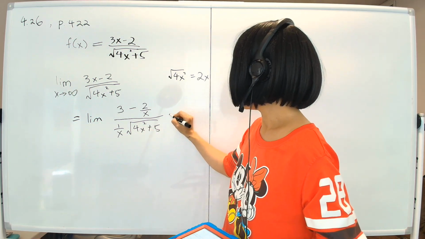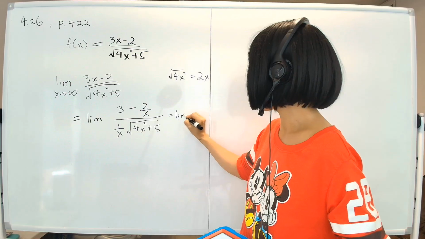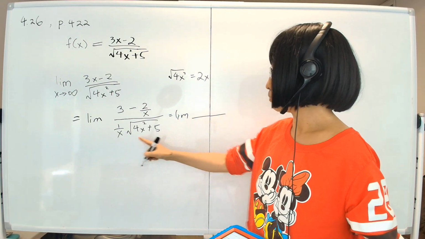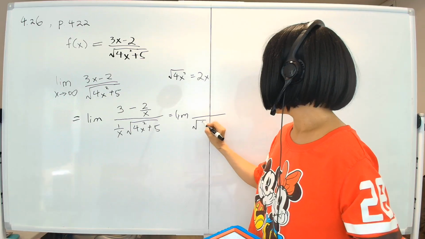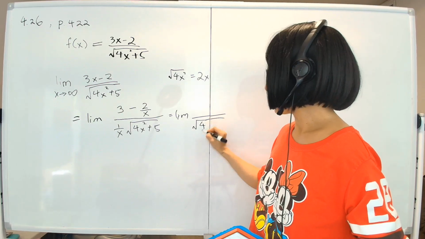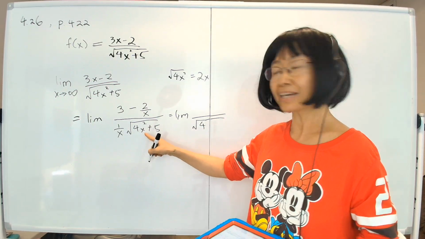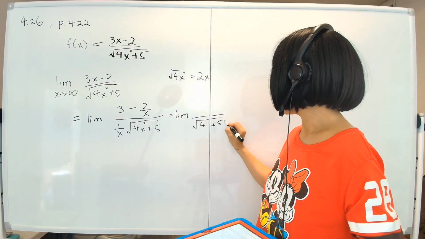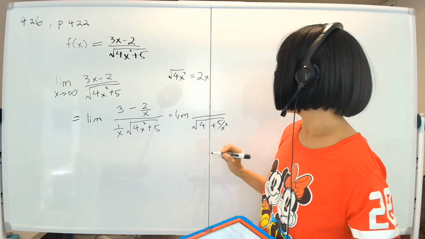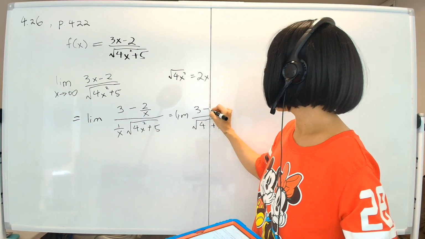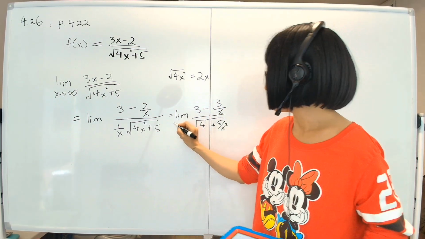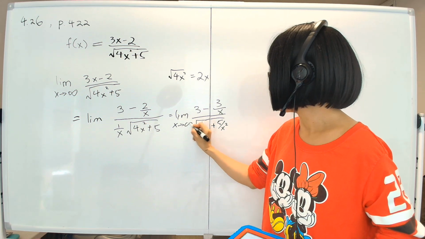So that equals the limit. What's on top stays the same for now. What's on the bottom becomes the square root of 4 plus 5 over x squared, since x goes inside and becomes x squared. The top stays the same, 3 minus 2 over x, as x approaches positive infinity.